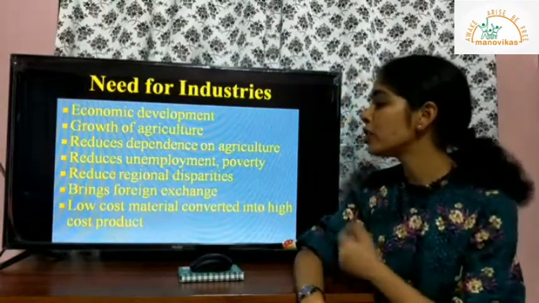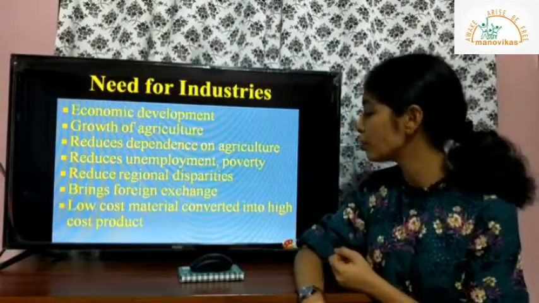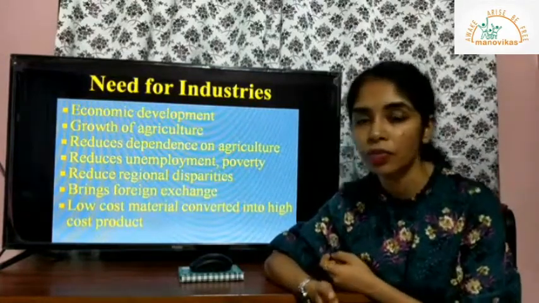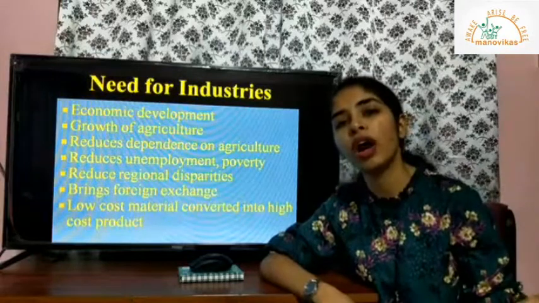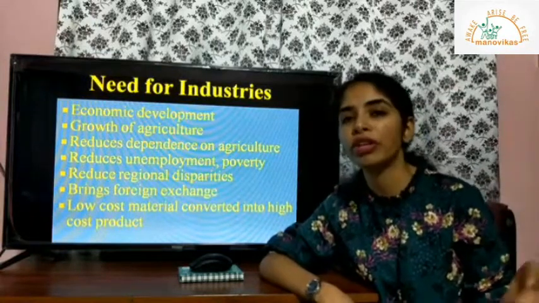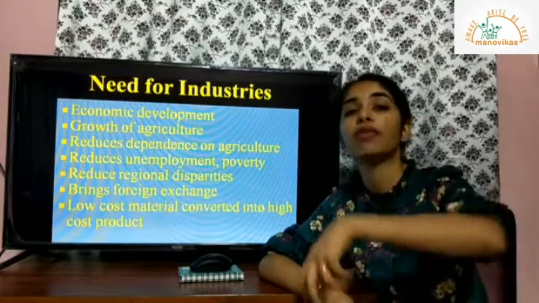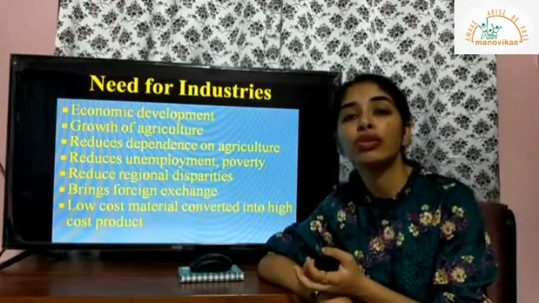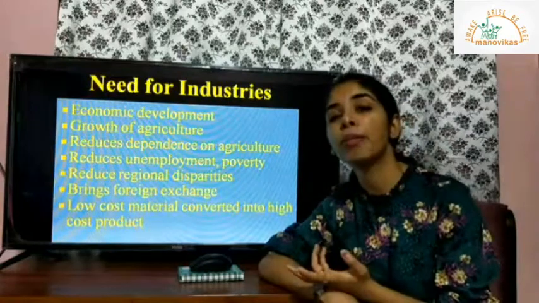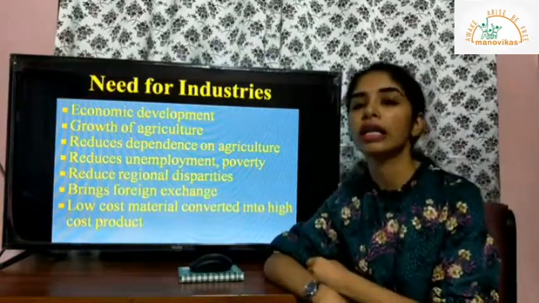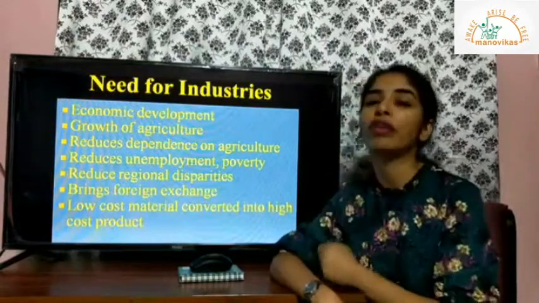Okay, it introduces low cost material being converted into high cost products. A simple product which is derived from the primary sector, that is from agriculture or farming, is converted into something new and usable which has a great demand in the market. So that is also done by the industries, and this is why we need them.